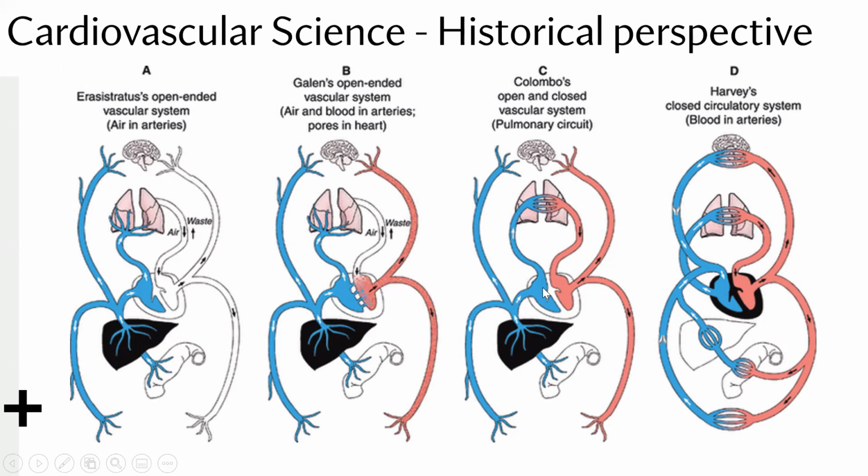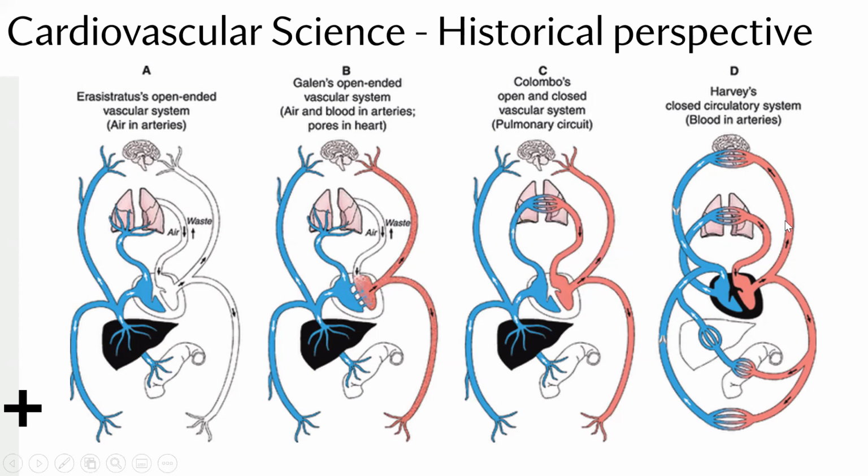Then there was Colombo's circulation, a preliminary idea that there was a circulation system on the pulmonary side going from the heart to the lung, but the other side, going to the other organs, including the brain and everything else, was all just one way. So it would go and not return, which was pretty interesting.